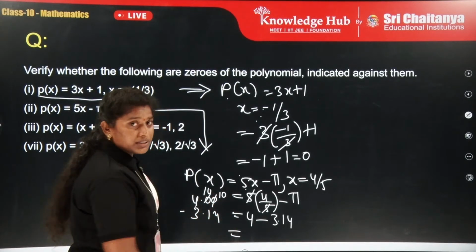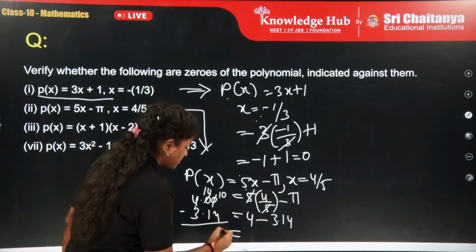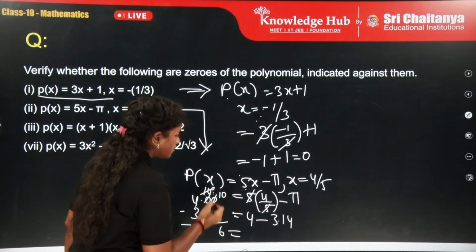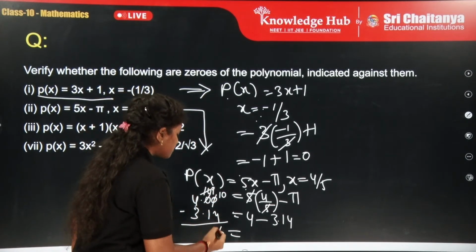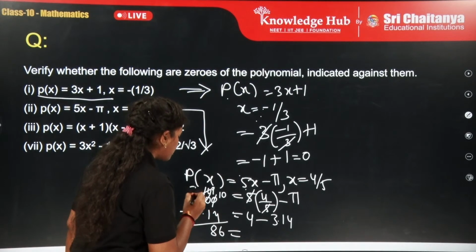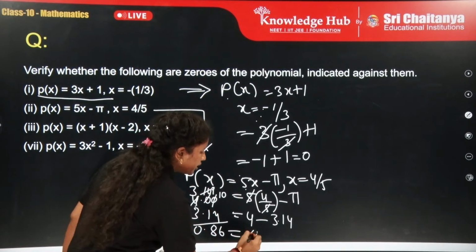Zero taking borrow becomes 10, so 10 minus 4 gives 6, and the next 10 gives a borrow so it becomes 9. Then 9 minus 1 becomes 8, and 4 giving a borrow, 3, so it becomes 0.86.